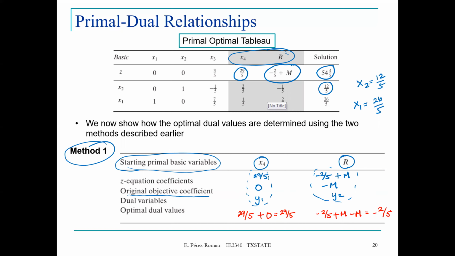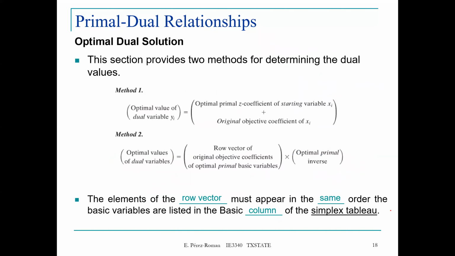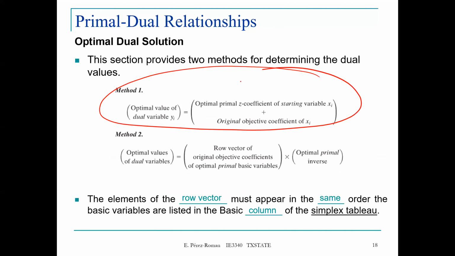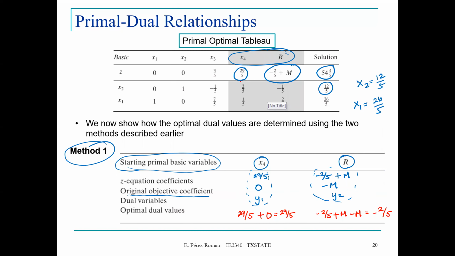So I'm using method 1, which was described here. Okay, so that's the method that I'm using. And using that method, I can find the value for y1 and y2. So y1 equals 29/5 and y2 equals minus 2/5.